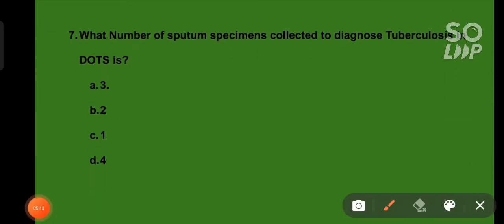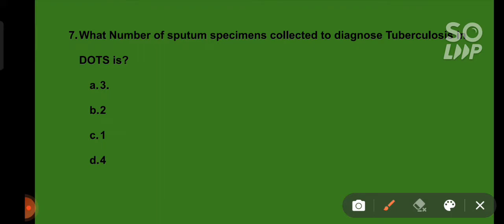The next question is: what number of sputum specimens are collected to diagnose tuberculosis in DOTS? To diagnose tuberculosis, that is TB, how many specimens do we need to collect from the patient?